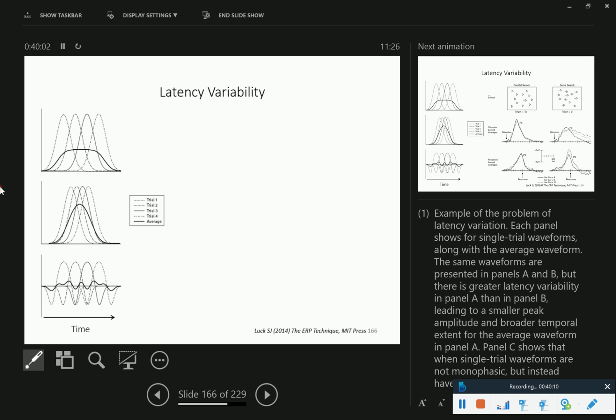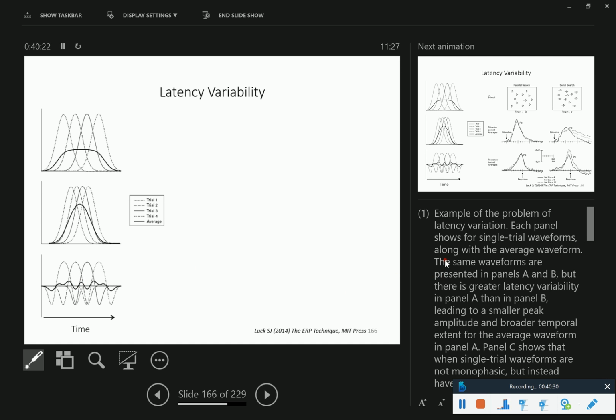So we will see this plot again when we talk about frequency analysis. Because time frequency analysis is actually to alleviate this problem that you might have things cancelling out.